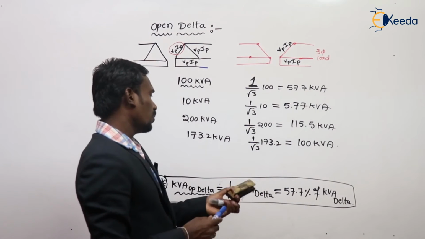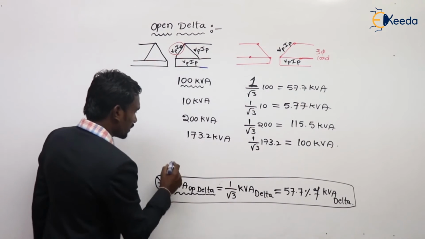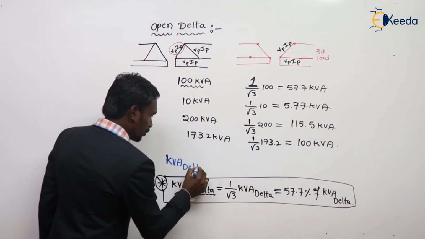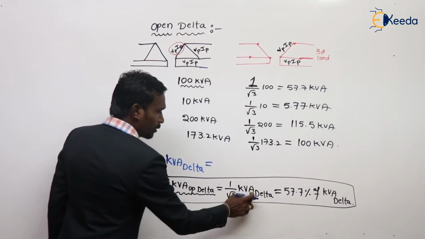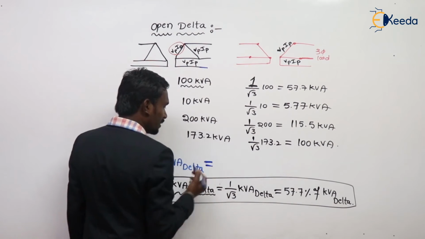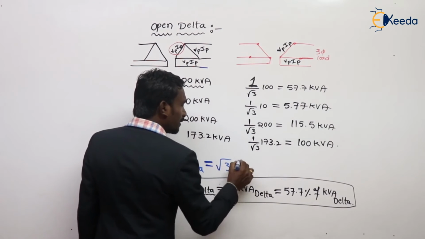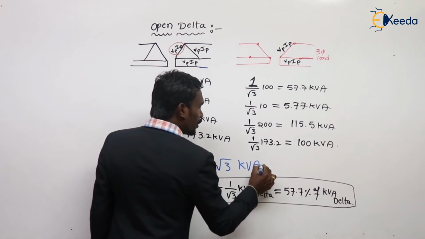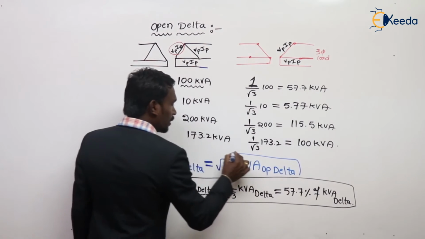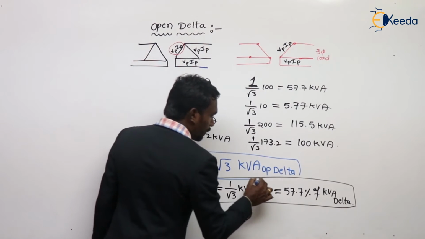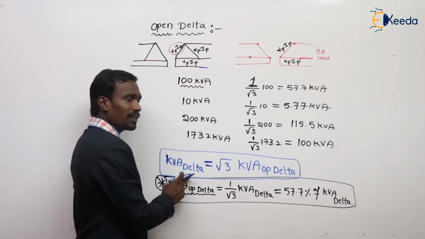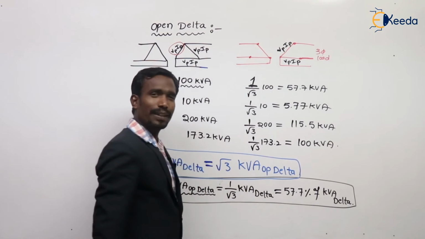Right? Now the reverse. The load shared by the delta is equal to root 3 times the load shared by the open delta. The kVA rating of delta is equal to root 3 times that of open delta.